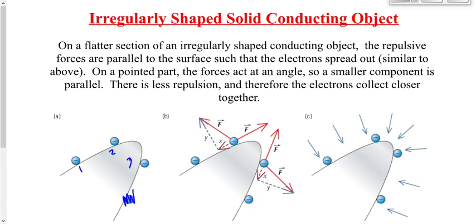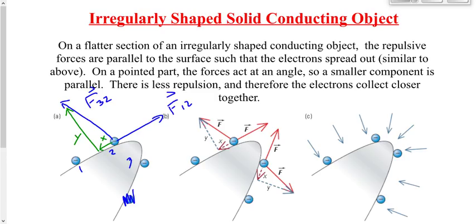Charge 1 repels charge 2 this way, pushes it away. Charge 3 repels charge 2 this way. We'll call that F32. Now, F32 has an X component and a Y component. The Y component of F32 pushes it to the outer surface.